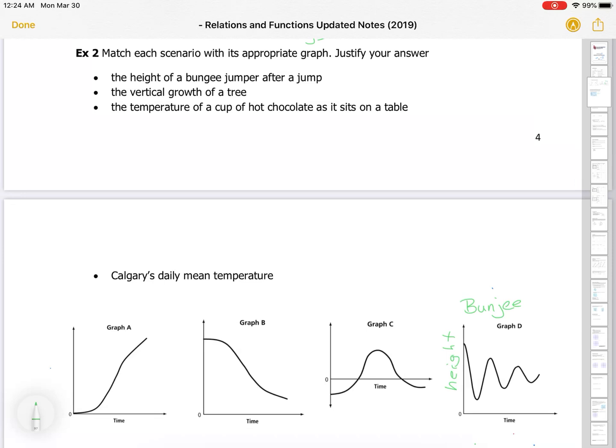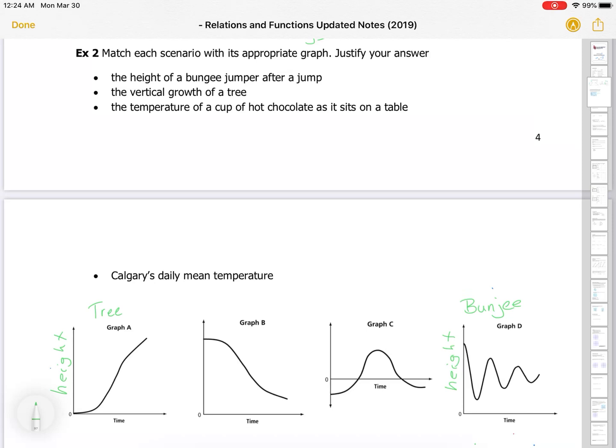Then the next one is the vertical growth of a tree. The tree starts very small and then gets bigger and bigger. Looking at our 3 remaining graphs, that's going to be graph A, and again we're graphing height versus time. Then we have the temperature of a cup of hot chocolate as it sits on a table.